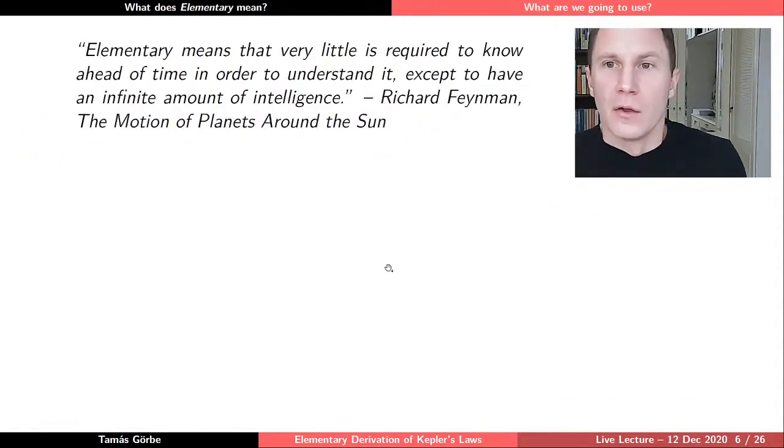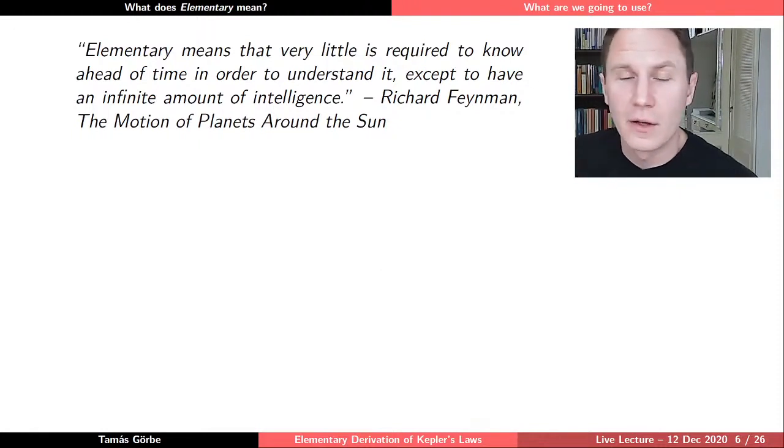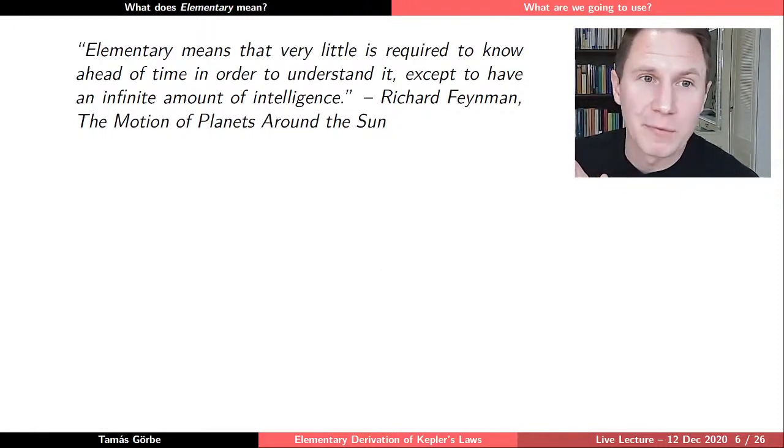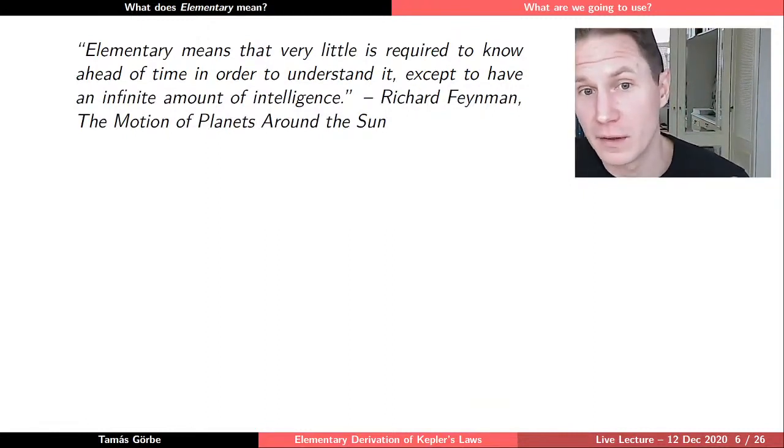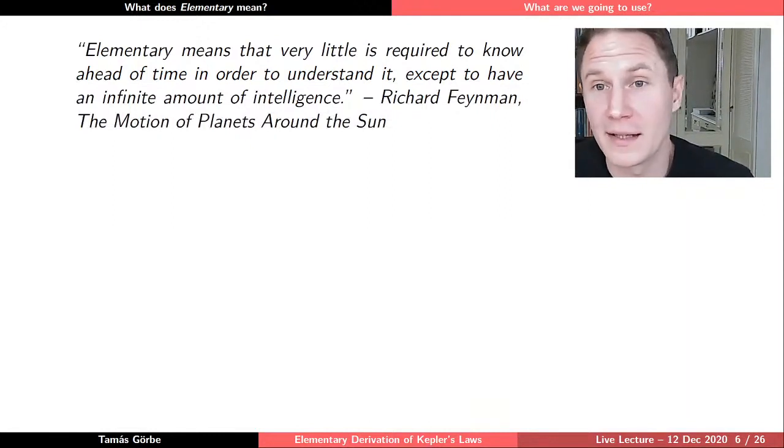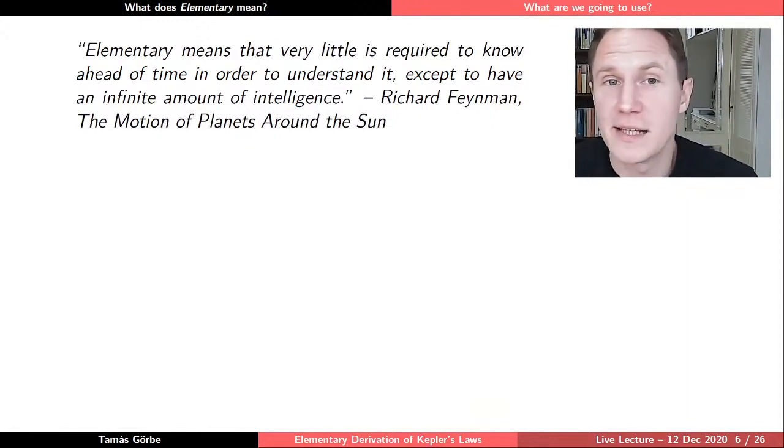Okay, so of course there is this word in the title, elementary, and I should explain what I mean by elementary. I found this quote by Richard Feynman, who actually gave a similar lecture on the motion of the planets around the sun in the 60s.